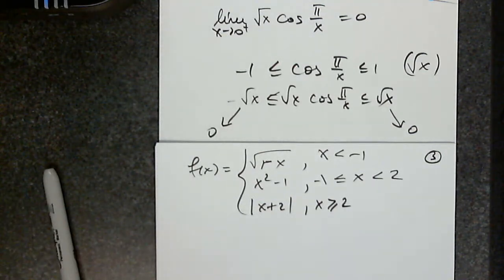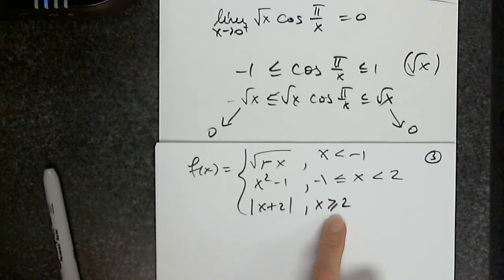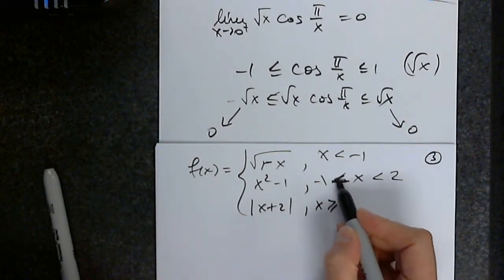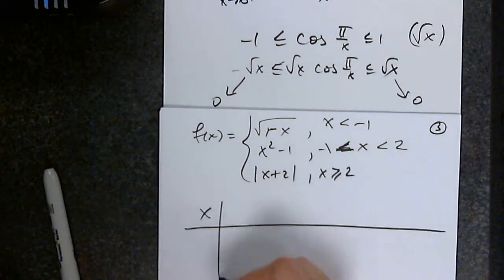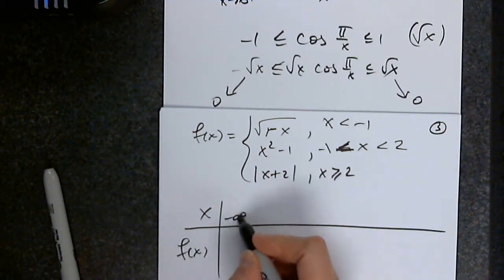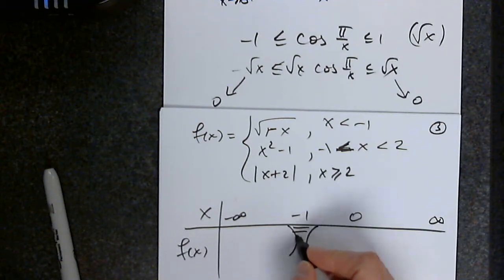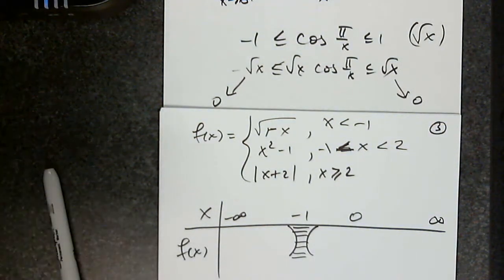Yes. Okay, so first, is there an equal symbol here and an equal symbol here? No, there's no equal symbol for negative 1. Okay then, I will say this function is defined everywhere except at negative 1. So the domain of this function is negative infinity to negative 1.